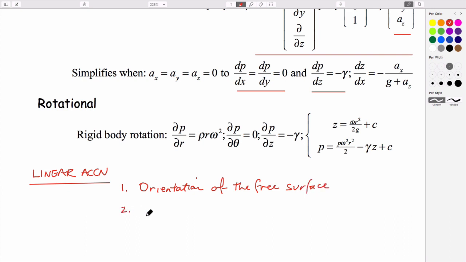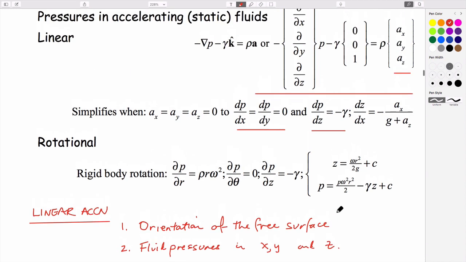And the second is, how do fluid pressures change? In basically our coordinate system, how do they change in x and y? And how do they also change in the z direction? So those are the two questions we want to address.